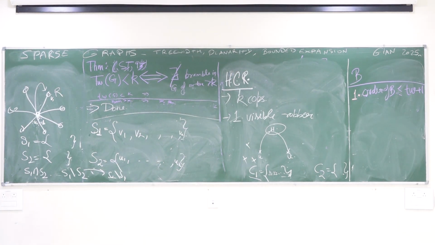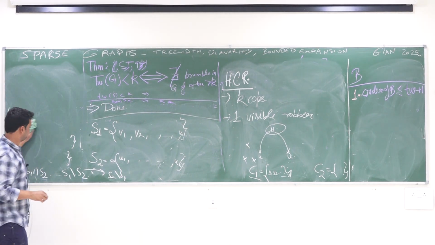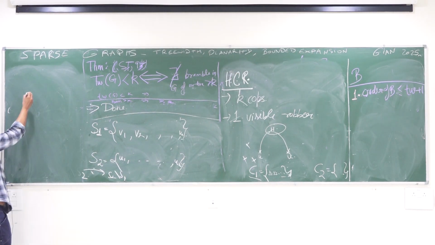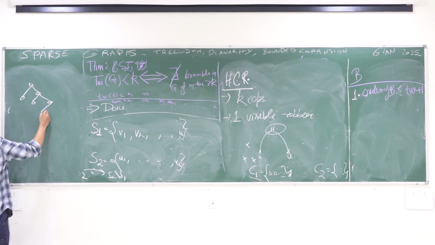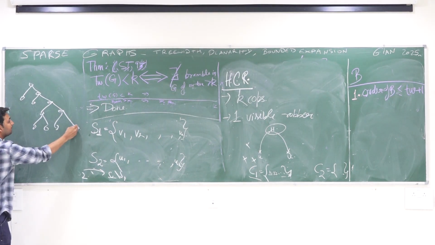Only one robber. That is sufficient. So in a tree, 3 cops should be sufficient, but are 2 cops sufficient? In trees, 2 cops are sufficient. So let's take an example of a tree. Because if the robber goes to a leaf vertex, then in the next iteration it is always possible that we can move from there.